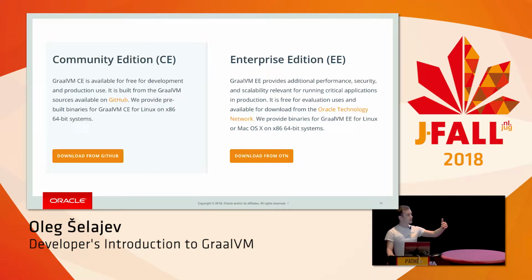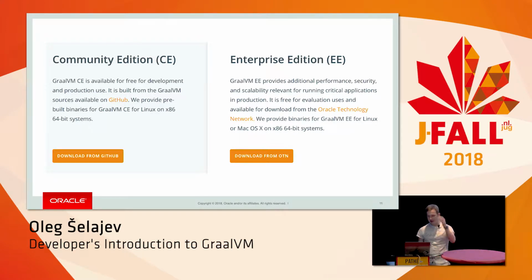So it comes with a more sophisticated compiler, so it will produce better results performance-wise. And it comes with a couple of features which add value to production systems. But it's functionally equivalent to the Community Edition. All programs that you run on Enterprise Edition, you can run in the Community Edition.